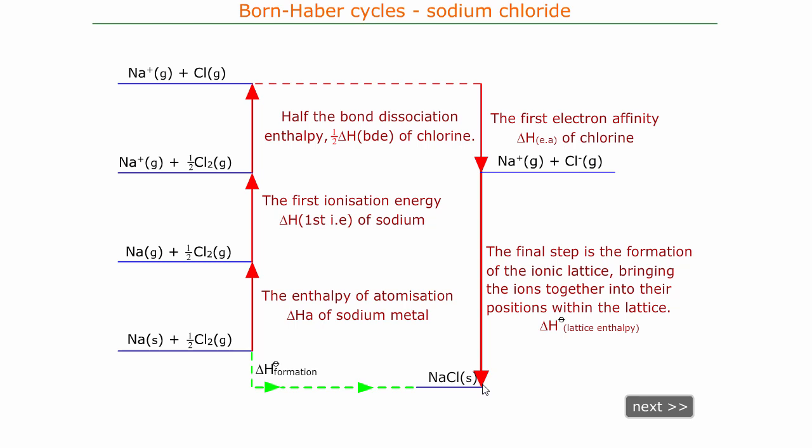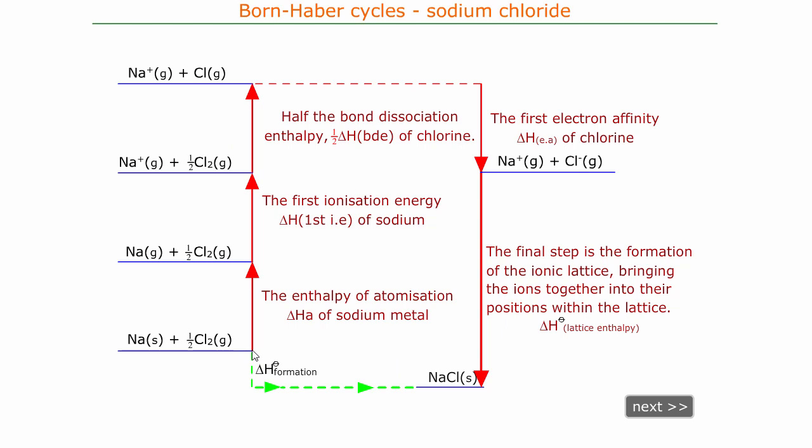So it becomes a simple mathematical equation. Now this cycle, you can see now why it's called a Born-Haber cycle, because it is a cycle, it's in a complete circle.